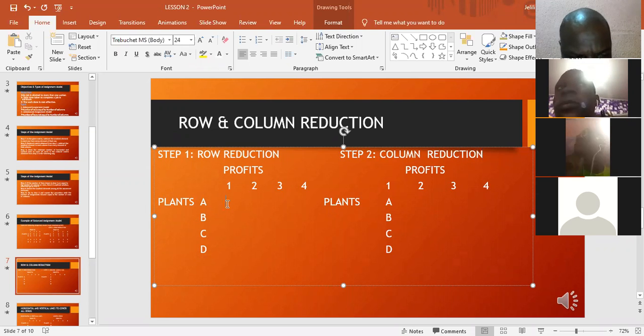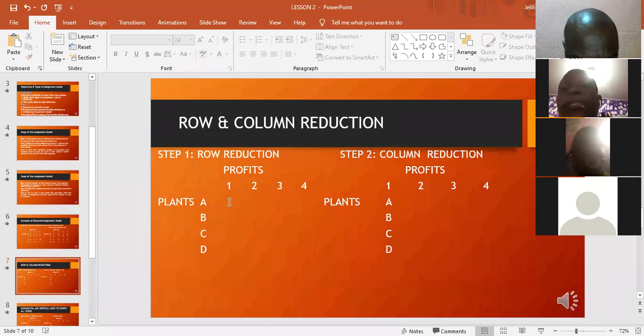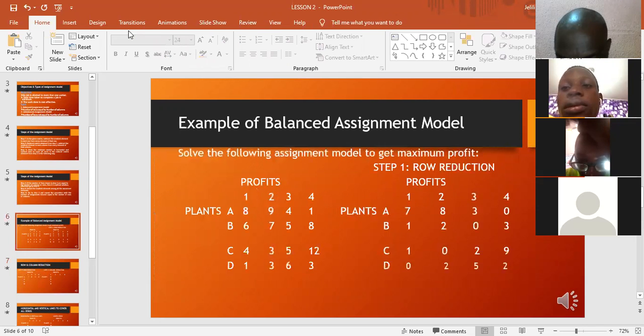Let us move all the figures we have in step 1 here. So these are step 1. We have 7 8 3 0, so that we use it for our step 2. Then the second row, we have 1 2 0 3.